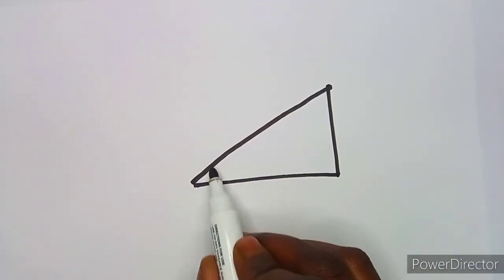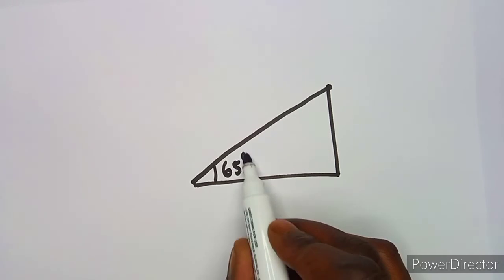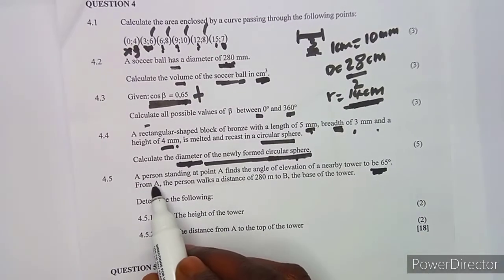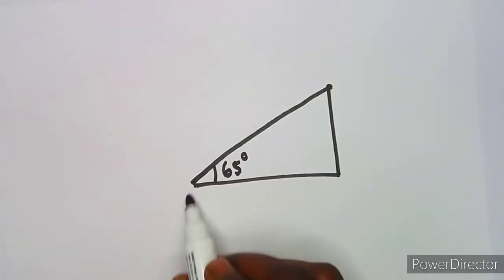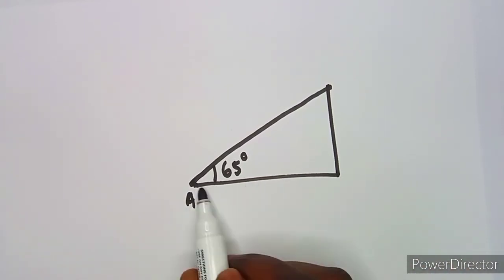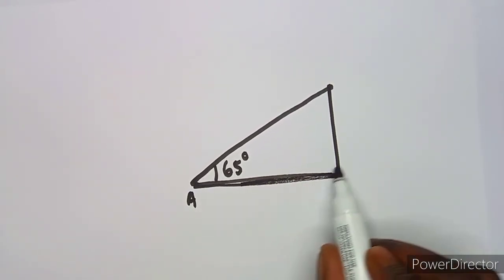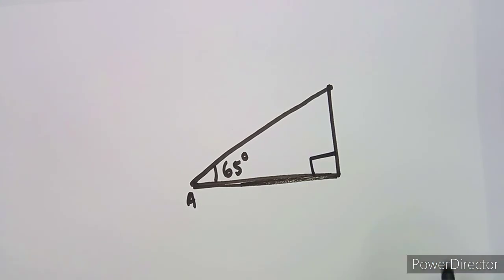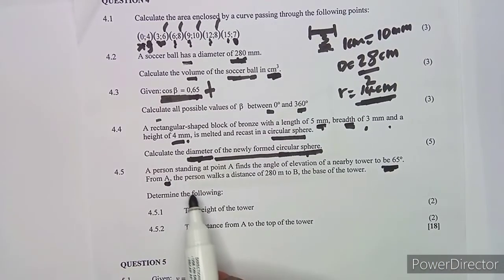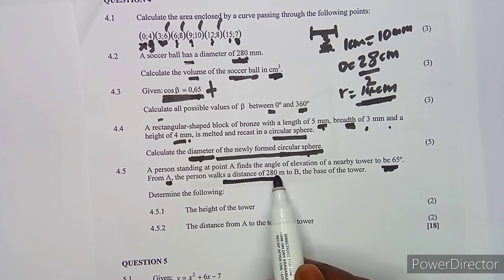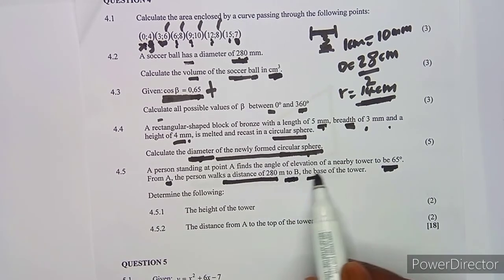This is a horizontal line, this is a vertical line, so it's going to be at 90 degrees like that. Then the person walks a distance of 280 meters to B, the base of the tower.